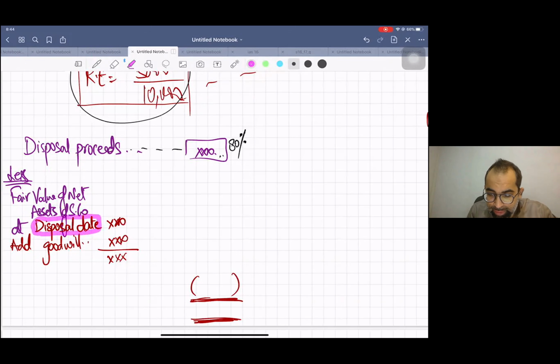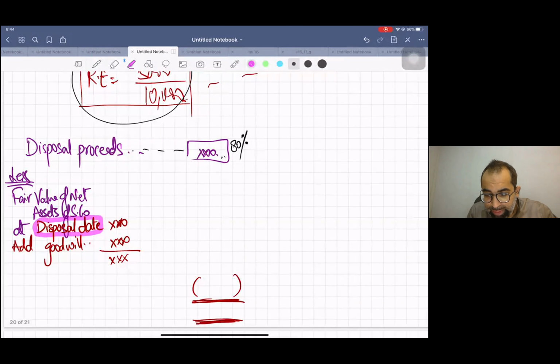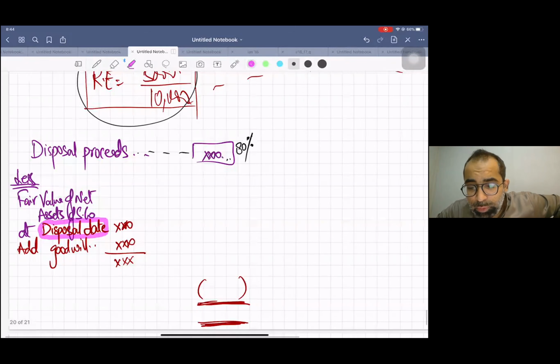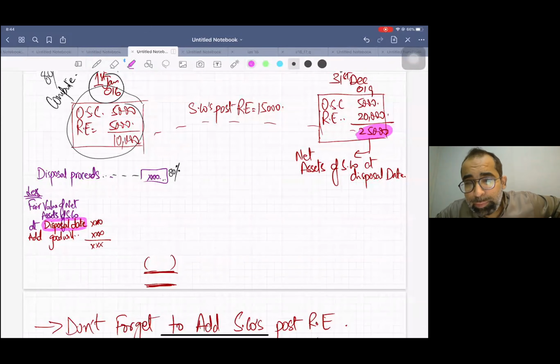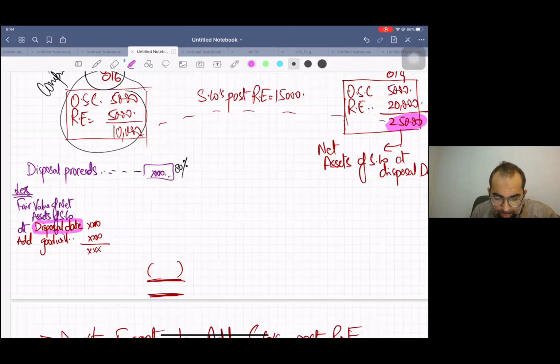This net asset packet you have to use, the disposal date net asset packet. Now I repeat, for disposal gain or loss calculation, you have to use the disposal date net assets packet, don't forget it.